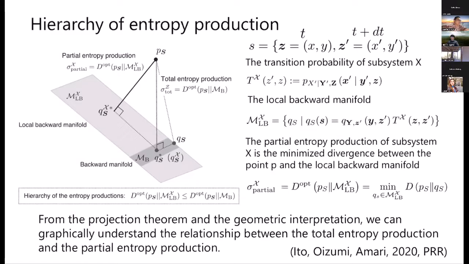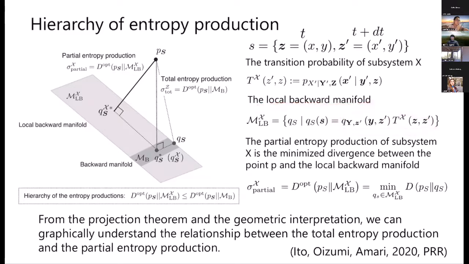In this case, we consider the two variables x, y at time t, and x prime and y prime at time t plus dt. We consider the transition probability of only the subsystem x, like given y prime and z, what is the probability of x prime? Here we want to quantify the entropy production in the subsystem X. For this purpose, we consider a different manifold, a local backward manifold, like this.